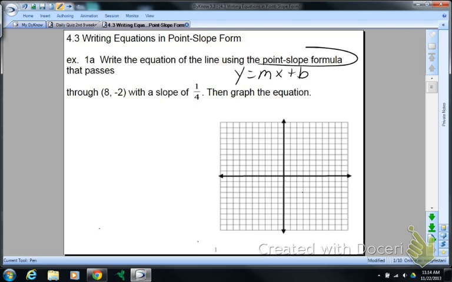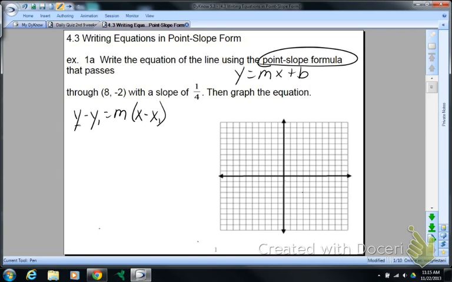The point-slope formula is y minus y1 is equal to m times x minus x1. Now, this first y doesn't have a subscript, it just stays y.